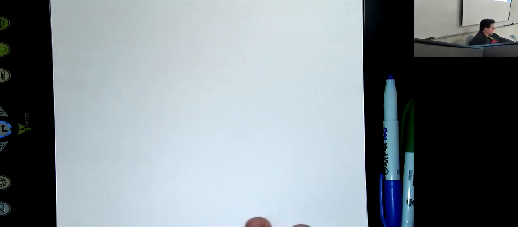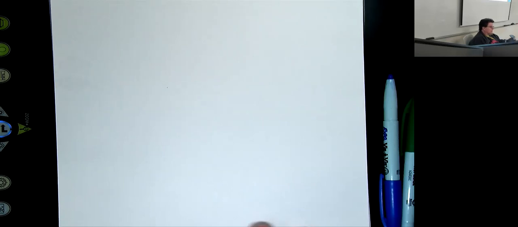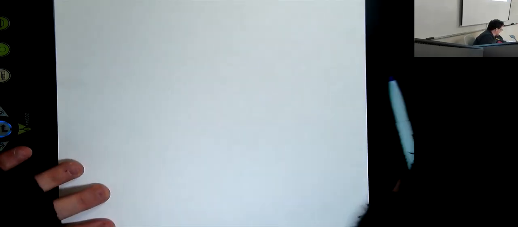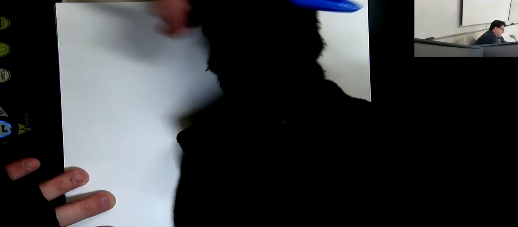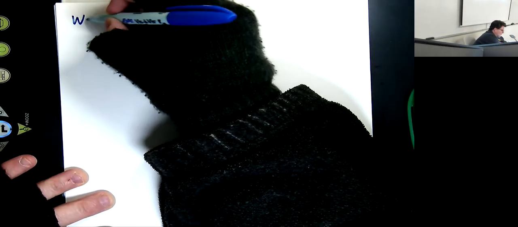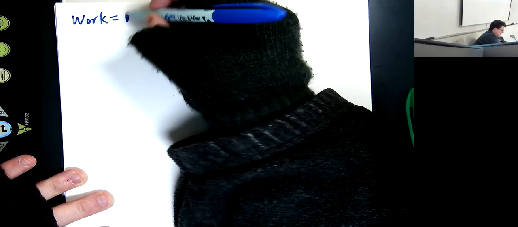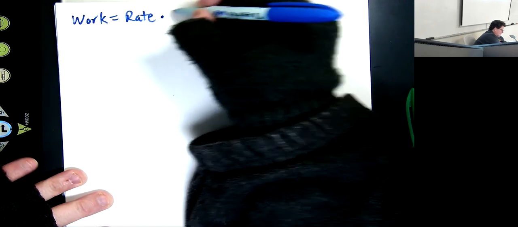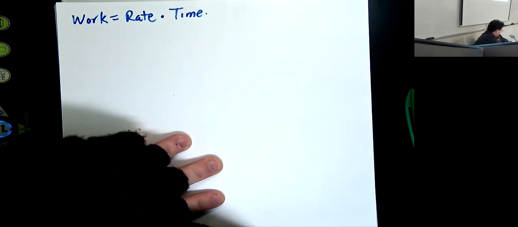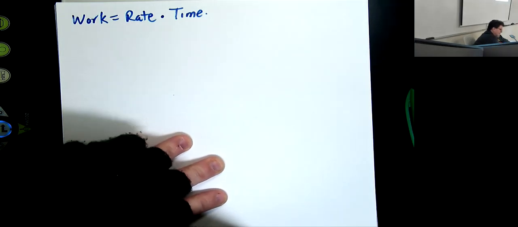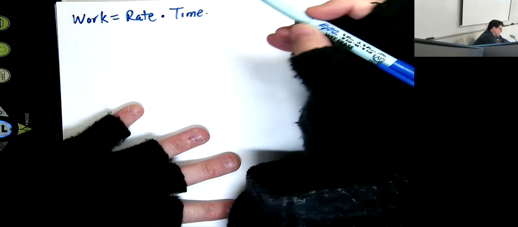All right, let's take a look at another type of problem that has variables in the denominator: work rate problems. So work equals rate times time. For example, just a simple one.